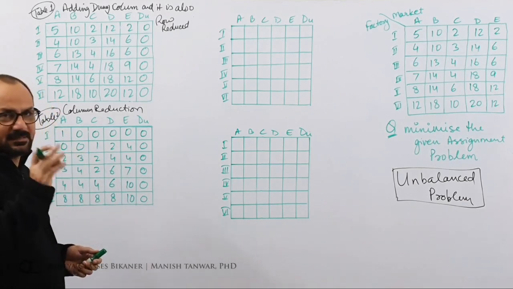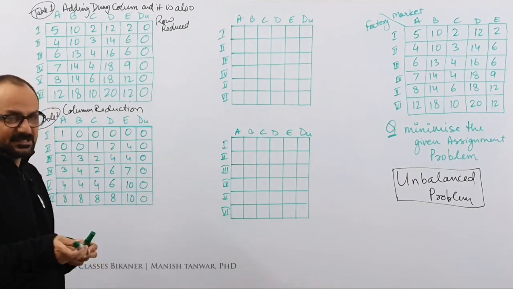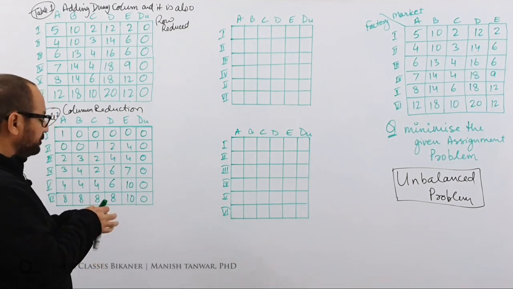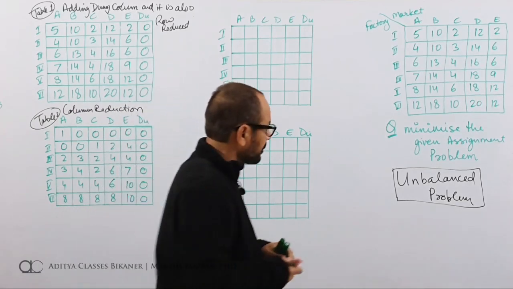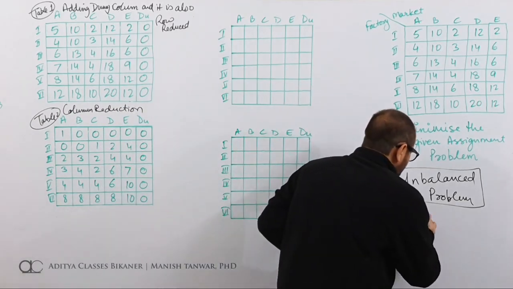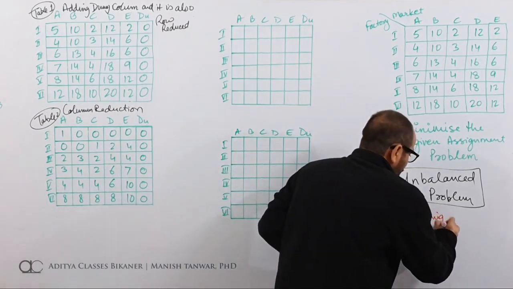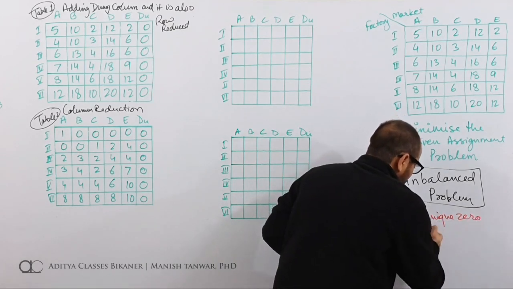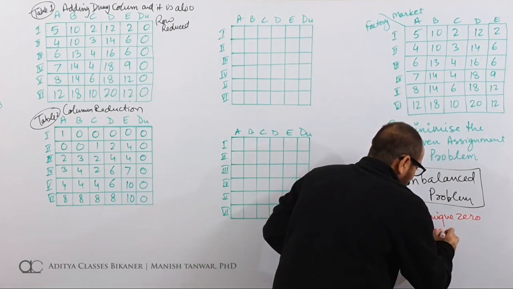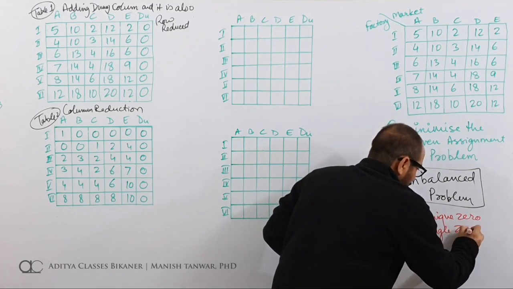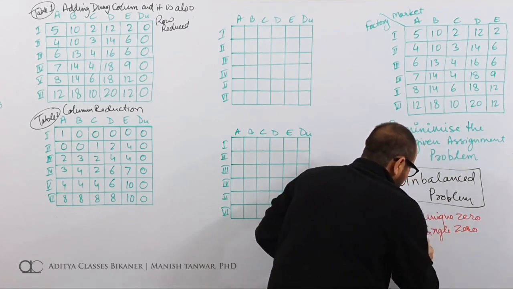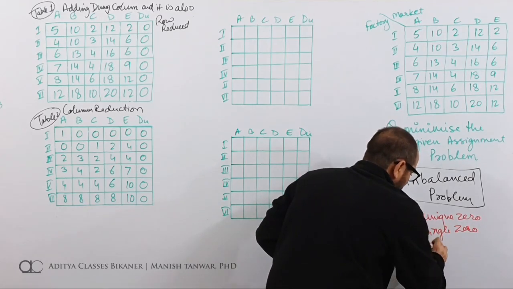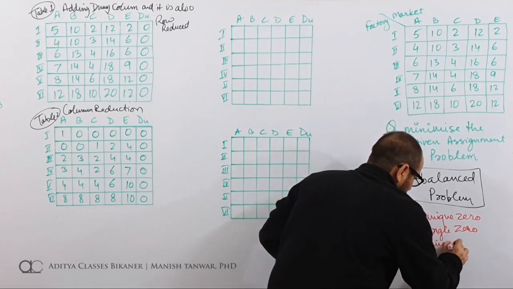Assignment, if you remember, has a priority list. First in the priority list is the unique 0. I assume you have seen our previous videos where we have talked about what is a unique 0, what is a single 0 and what are minimum zeros.